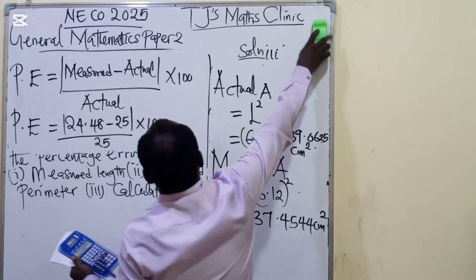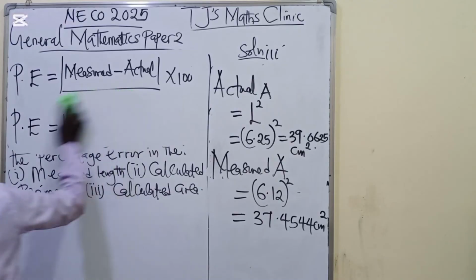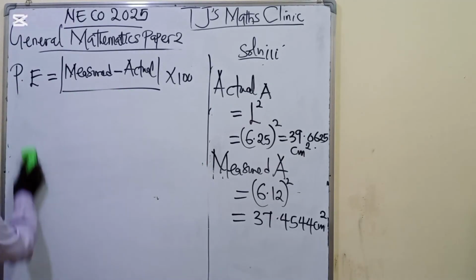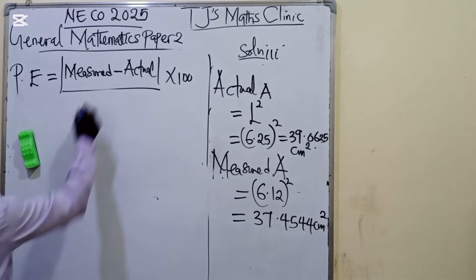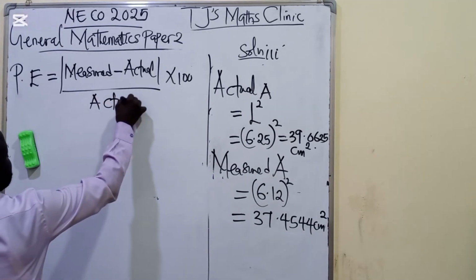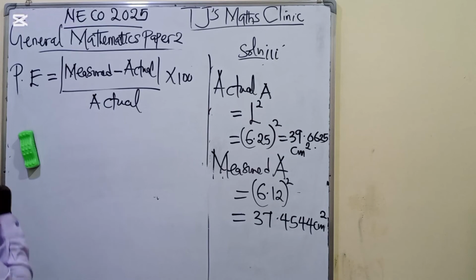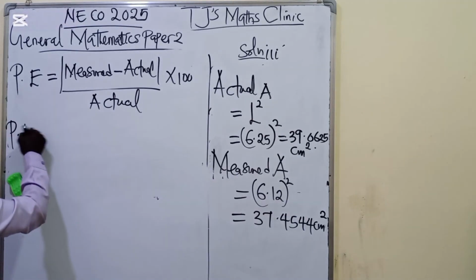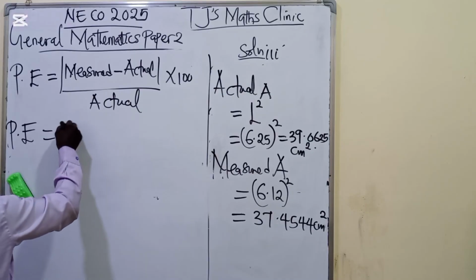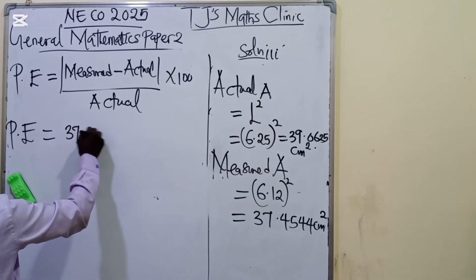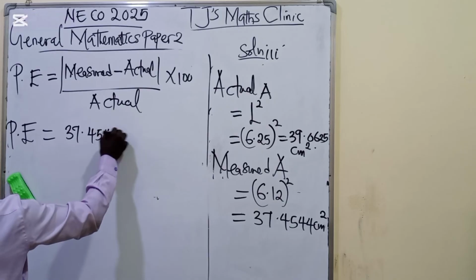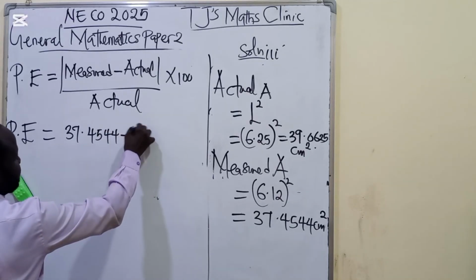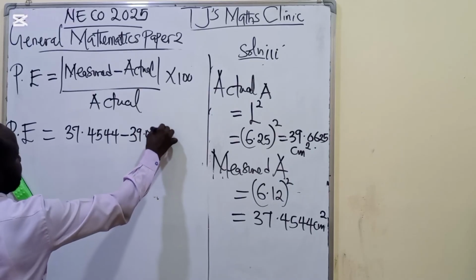Very important. Finally, let's find the percentage error in the calculated area. The percentage error will be the measured area, 37.4544, minus the actual area, which is 39.0625.